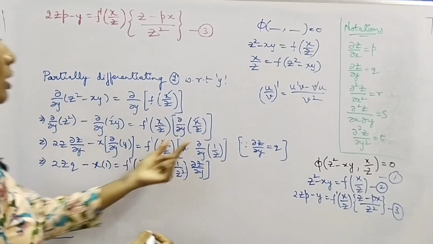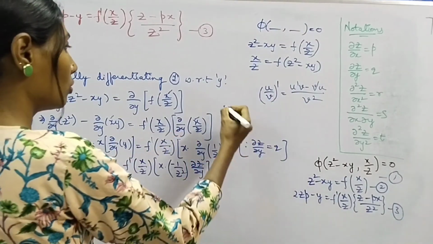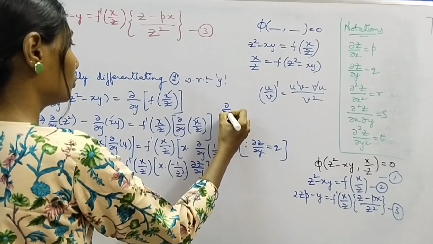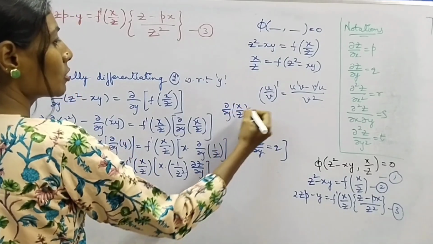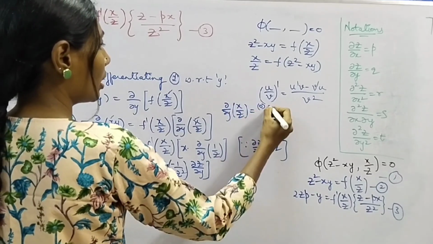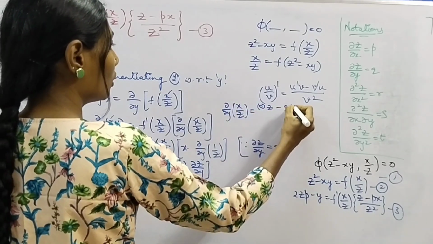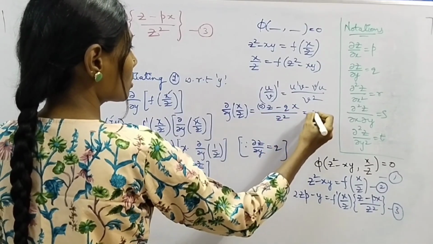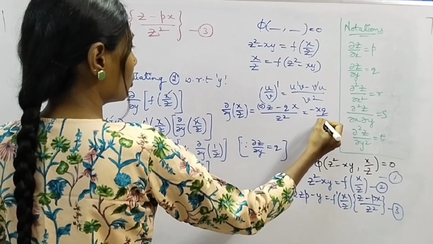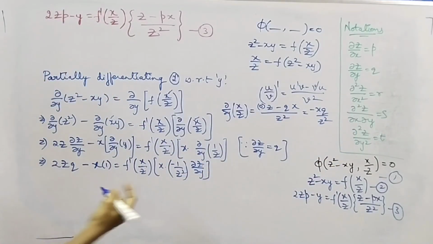Or here also you can apply the (u/v)' formula. Let me show you. The partial derivative of x with respect to y is 0 into z, minus the partial derivative of z with respect to y, which is q, into x, by v², that is z², which gives us minus xq, or qx by z². This is what we are going to get.